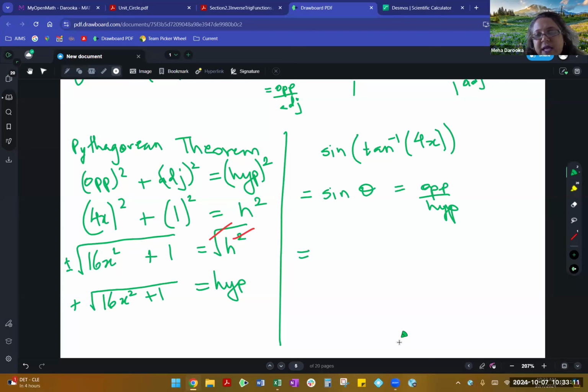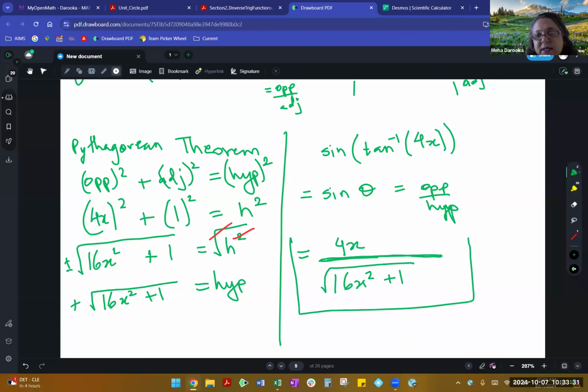So that, of course, as you can see, will come out to be the opposite side was 4x, and then the hypotenuse is this square root that we just came up with, so the square root of 16x squared plus 1. So this is what your final function definition is going to come out to be. So this is what we are looking at.